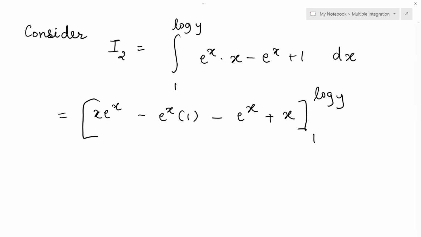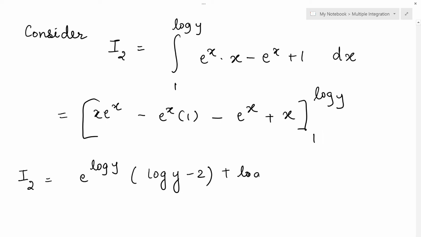So if I substitute the limits, you will get e raised to log y and log y minus 2 plus log y minus e raised to 1 by 2 minus 1. So this will be your integration with respect to x.